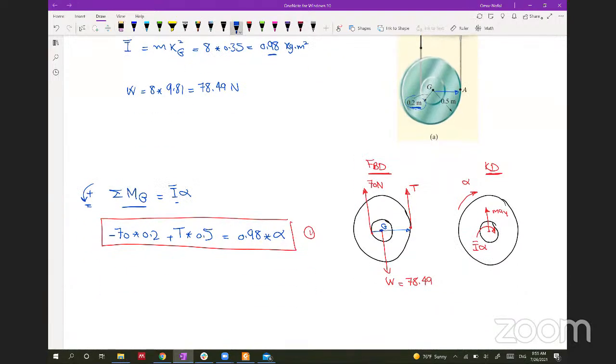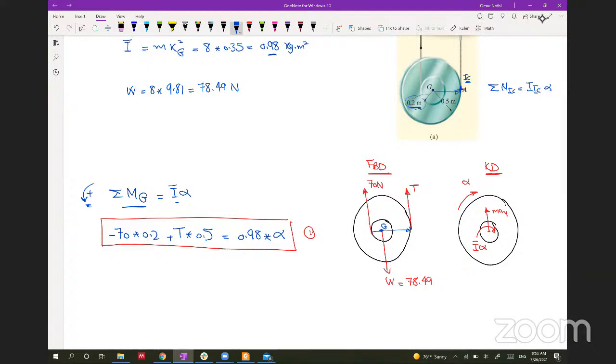And let's get to the second equation. But before that, I want to mention that you can take the moment about the instantaneous center of zero velocity. We know that this is the instantaneous center of zero velocity, and the sum of the moments about this center will be equal to the I about this center multiplied by alpha. But you will have to do an extra step. You will have to transfer the mass from G to the instantaneous center by multiplying m by 0.5 squared.